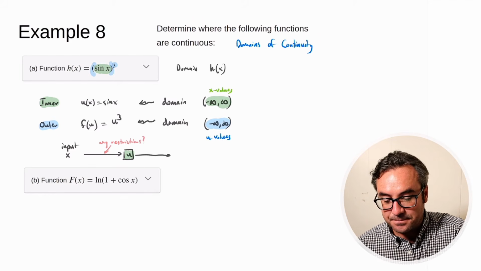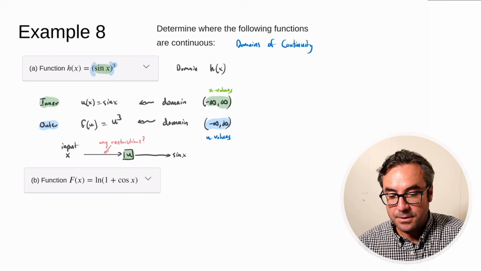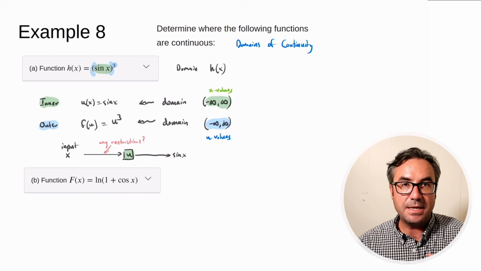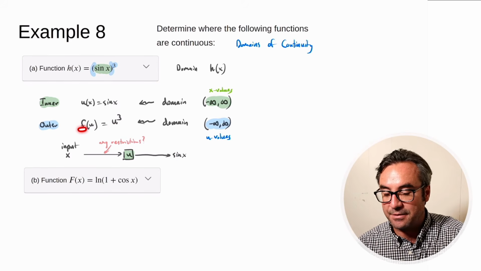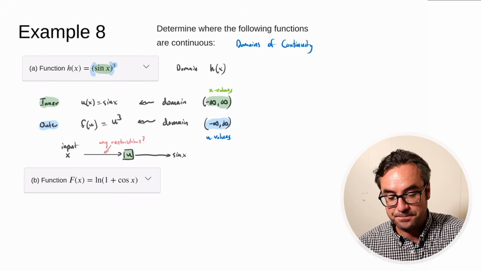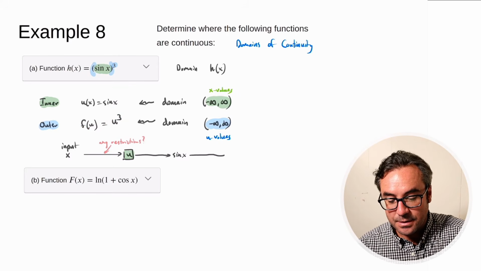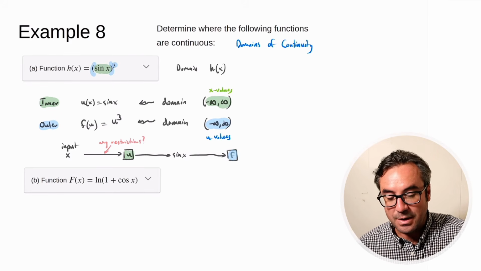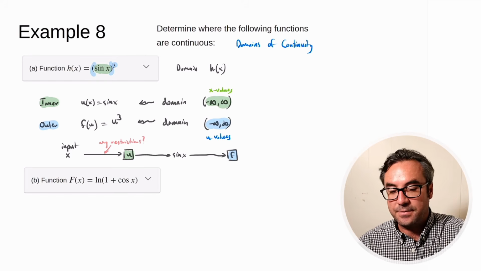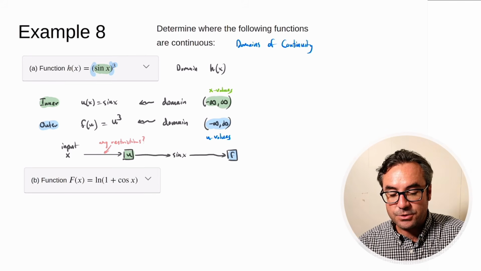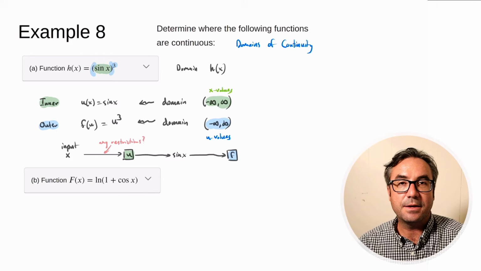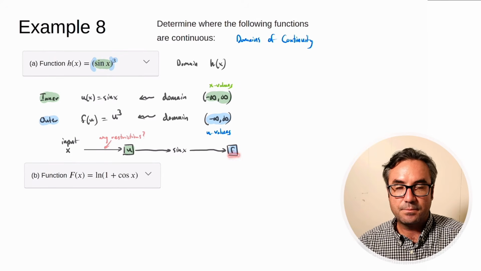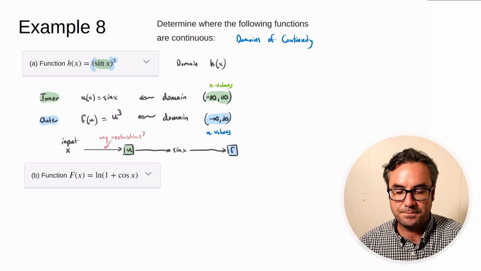So what do I get out when I do that? Well, I get sine of x. Now if I keep going on the assembly line, I want to take sine of x and plug that into my function f, the cube function. So we're going to plug it into our outer function. At this point, you want to think, is there any restriction on sine values that I have to make before I can plug it into function f?